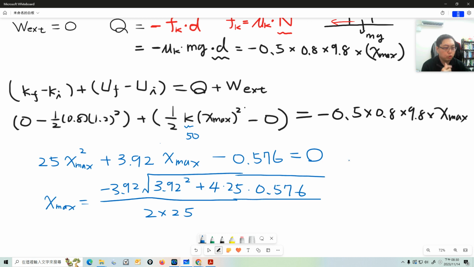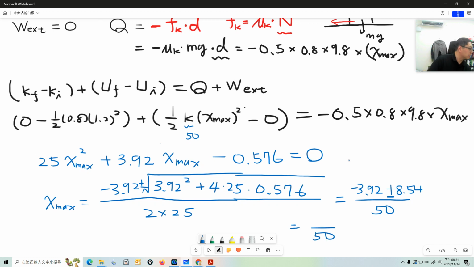We have two answers, but the negative is not reasonable, so we only keep the positive value. That means we keep this term, which is 8.54. Like I said, the negative value is not reasonable, so we only keep the positive one.